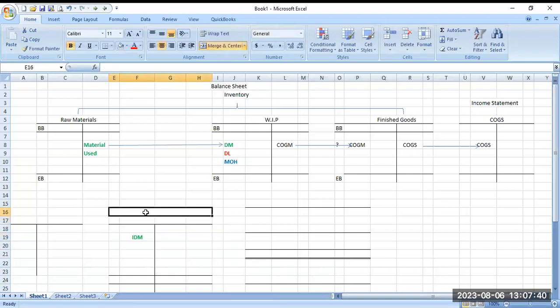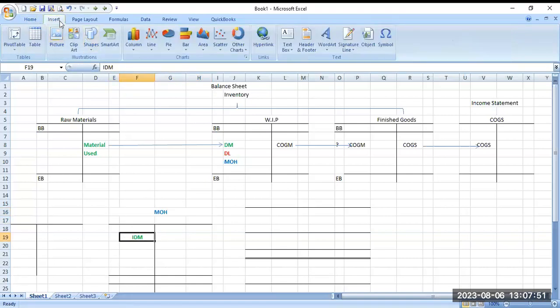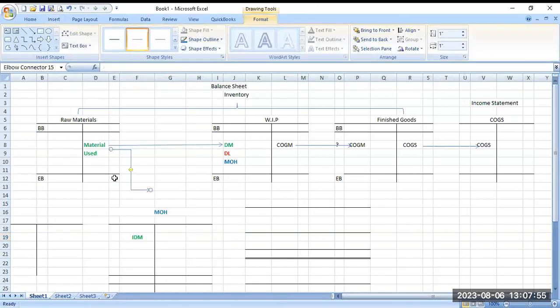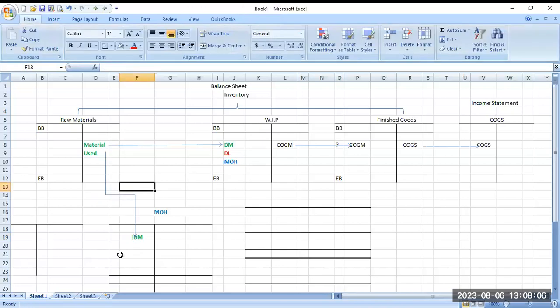Manufacturing overhead account. So let's use that indirect material. From here, it's going to go right in here. This is how our direct material comes, correct? Yes.